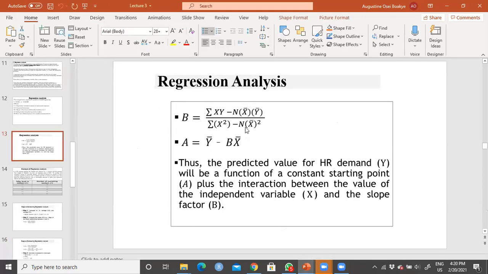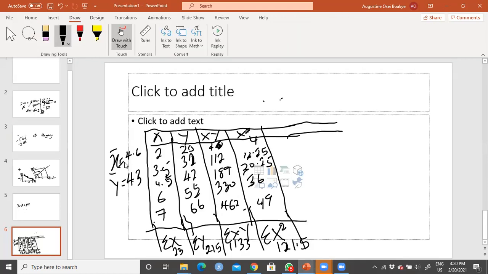Now, the next part we need to solve is the mean of x squared. This is the mean of x. Initially, we computed the summation of x, and to get the mean of x, we divided the summation by 5. Now, the question is demanding the mean of x squared. It means we have to square this.